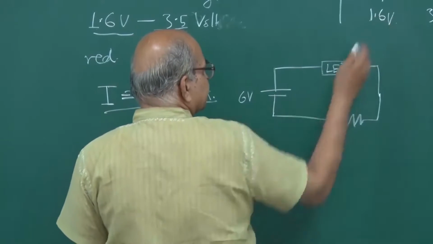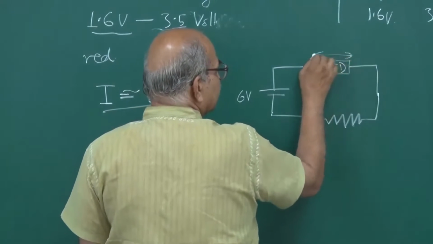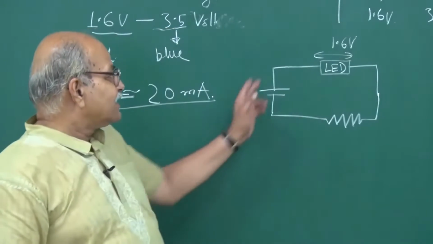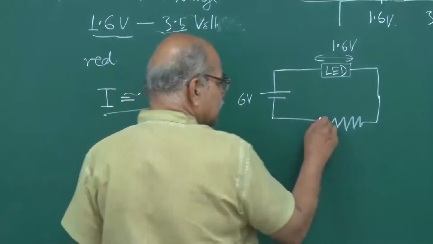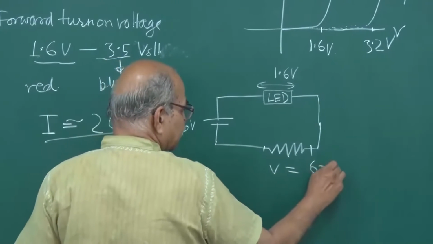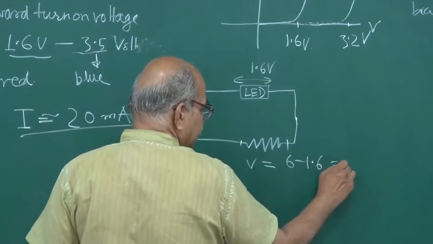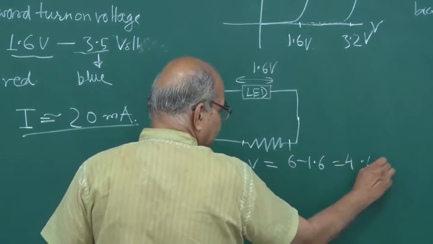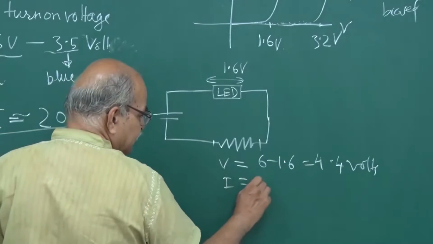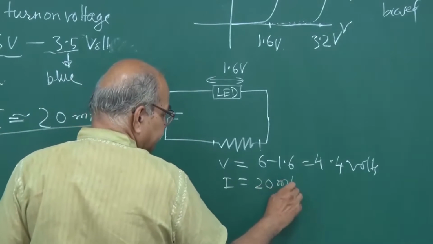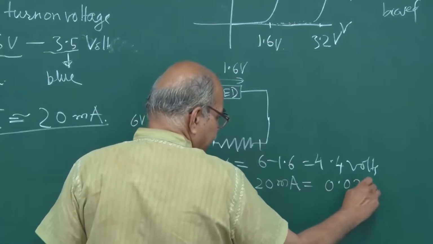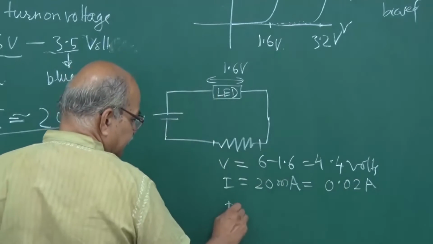And how much should that resistance be? Suppose this is a red LED, then the voltage drop here will be 1.6 volt or so. So the rest is coming here. How much is this potential difference? This potential difference is 6 minus 1.6, that is 4.4 volts. And if you want I to be 20 milliamperes, 0.02 amperes, then what should be the resistance?